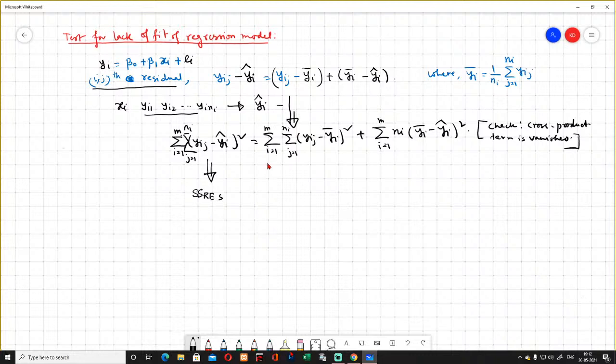This is SS due to pure error, that is sum of squares due to pure error, and this is SS due to lack of fit.